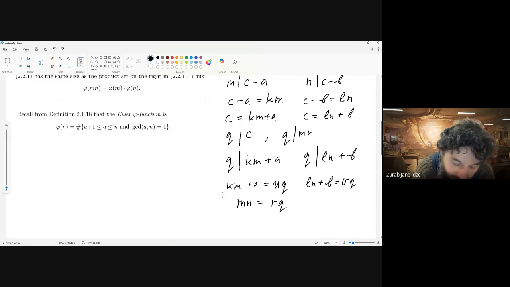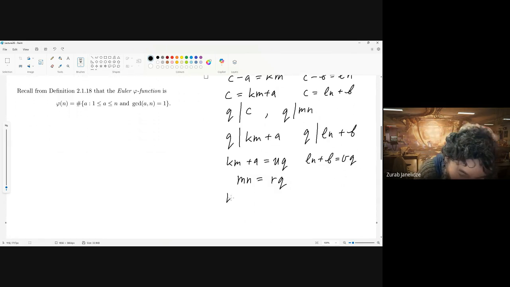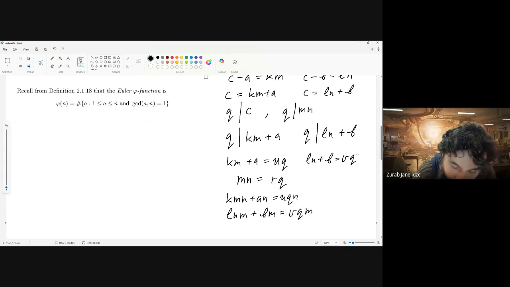Maybe we can multiply both sides of this by N and both sides of the other by M and see what happens there. KMN plus AN equals UQN, right? The other one gives LNM plus BM equals VQM.